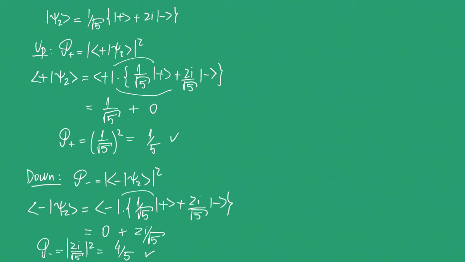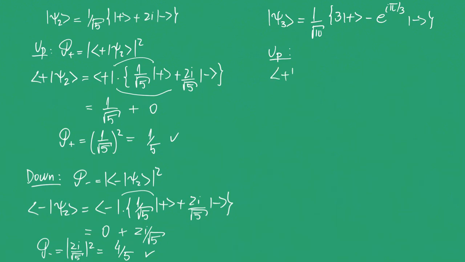Now moving on to our last quantum state, ket psi 3 equal to 1 over square root of 10, 3 ket plus minus e to the i pi over 3 ket minus. The probability of finding spin up, I will skip some steps here and I'll go direct to the point.